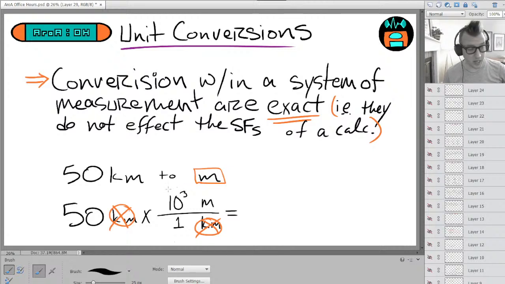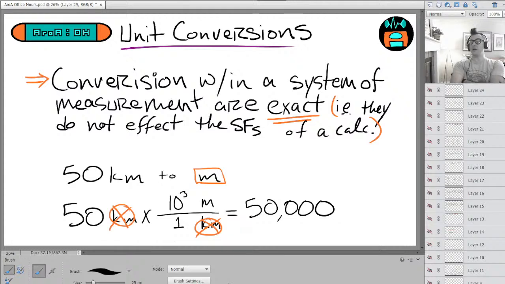Now you punch into your calculator 50 times 10 to the third, which your calculator will tell you is 50,000. Now remember, three things make an answer correct. There's the value, which we have here, 50,000.